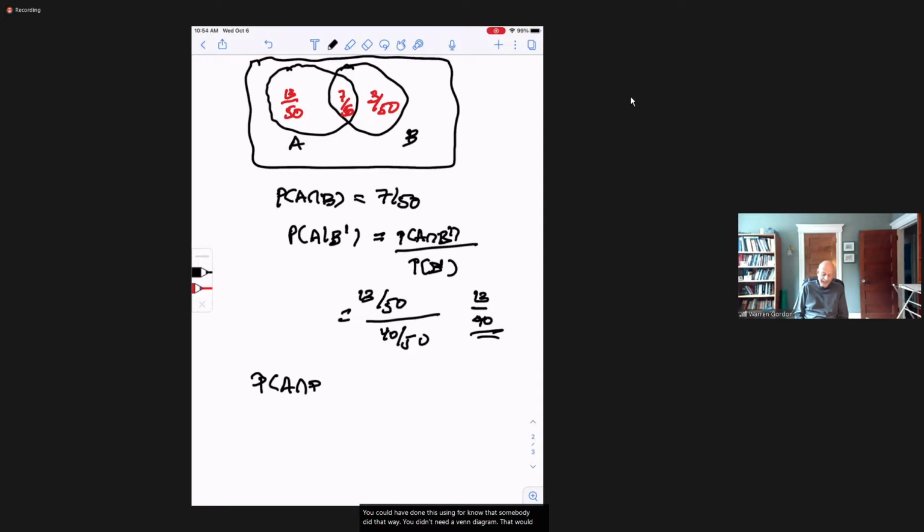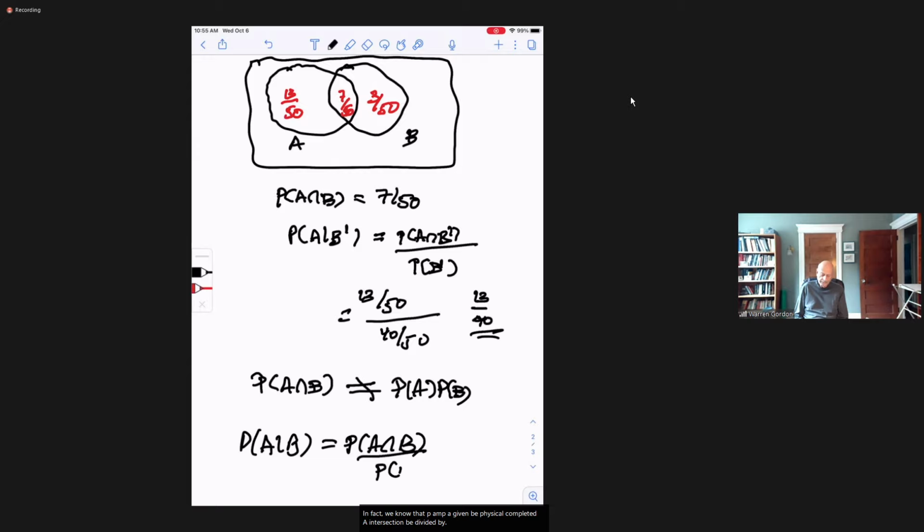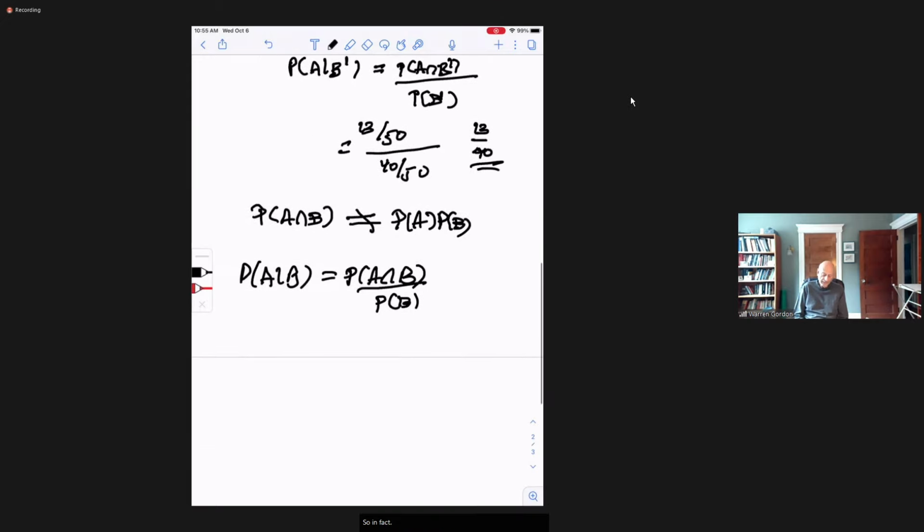P of A intersection B is not equal to P of A times P of B. In fact, we know that P of A given B is equal to P of A intersection B divided by P of B. So in fact, P of A intersection B is equal to P of A given B times P of B. So notice this is not P of A. We'll see under what conditions it will be.